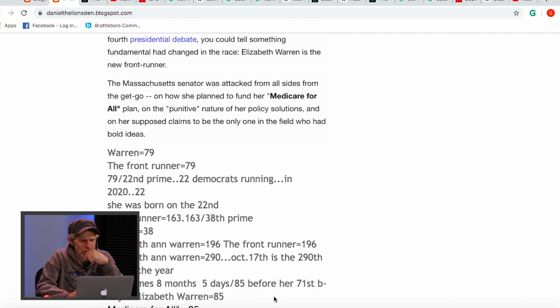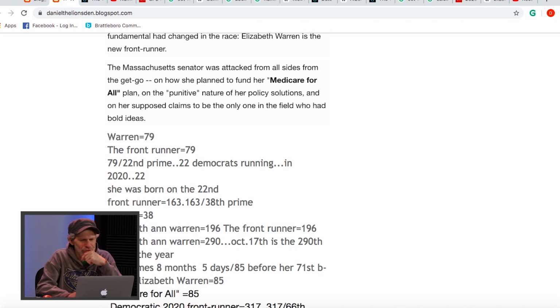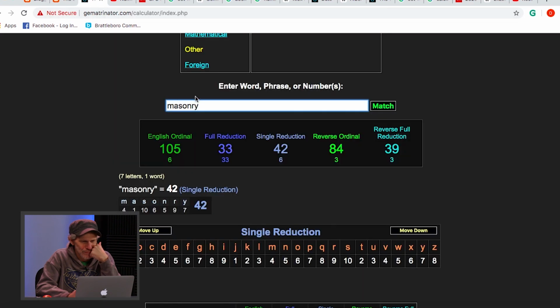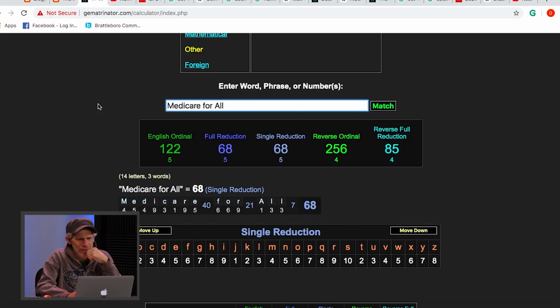And they're talking the article, and whenever they emphasize something in a story, there's some gematria behind it. So they say Medicare for all. Medicare for all also equals 85, and this is something that she proposed. Medicare for all, 85. See that?